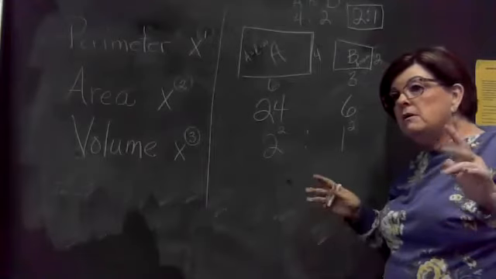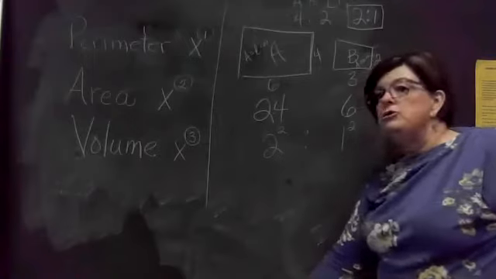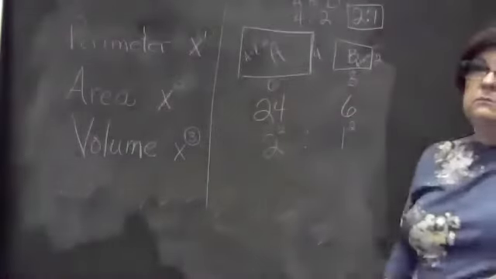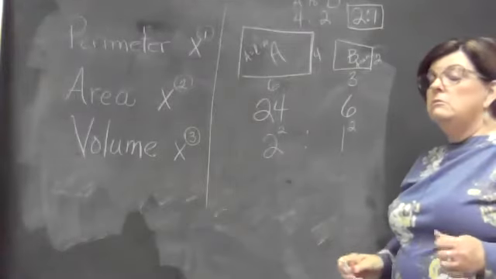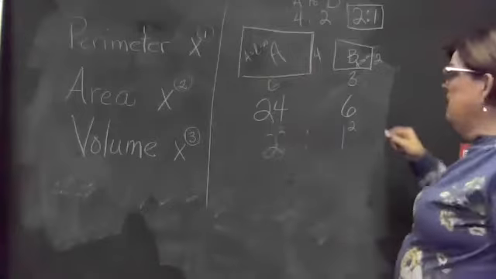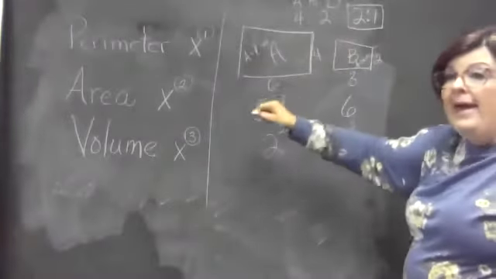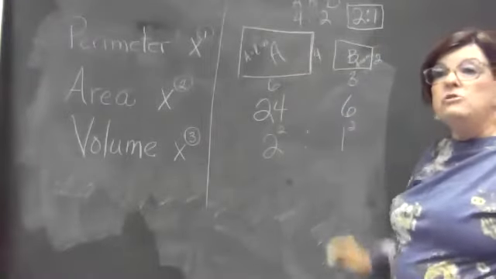Everybody sort of okay? Hanging on by a thread, are you? I have a question. So perimeter is just basically one side. Area is 2 sides? Sort of. Perimeter is all the sides added up. Area multiplies length times width.